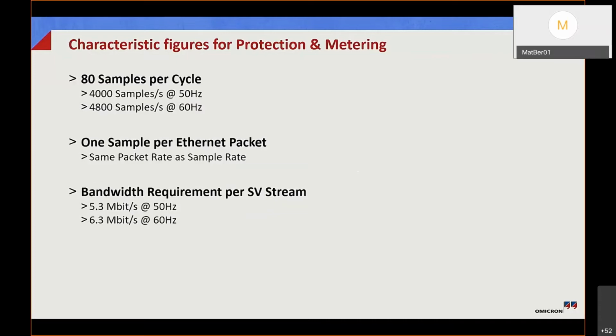And when we make the math, how much this will typically use from the bandwidth on the network, we get to 5 to 6 megabits per second on the Ethernet. So you can easily make the math that on 100 megabit per second Ethernet, you can go up to about 15 streams, and then you have loaded the network fully.